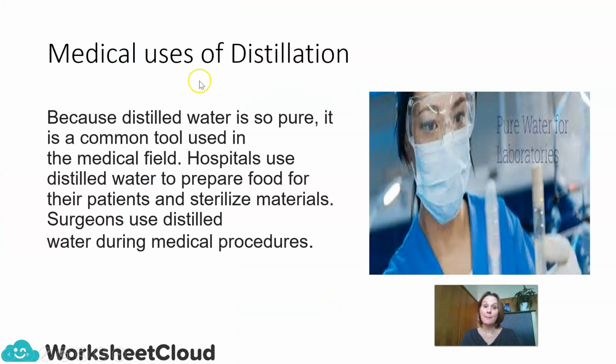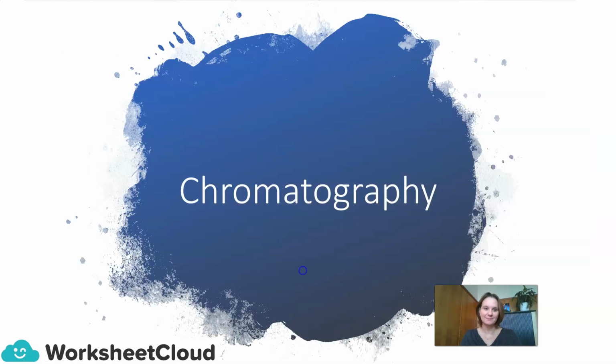We also use it in the medical field because distilled water is so pure, it is a common tool used in the medical field. Hospitals use distilled water to prepare food for their patients and sterilize materials. Surgeons use distilled water during medical procedures. So I hope that makes a lot more sense to you now, and you understand the importance of science and why learning it is so important.